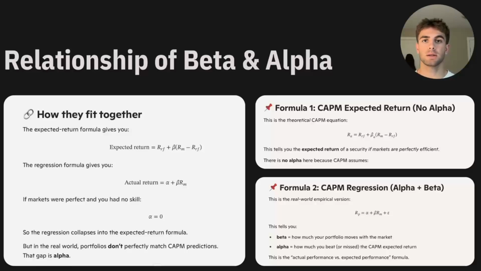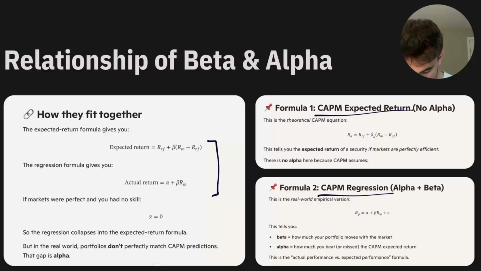Now that example that we just looked at, we essentially illustrated the relationship between alpha and beta, which is more commonly known as CAPM expected returns model and CAPM regression, often a linear regression. So these two formulas that we see here are essentially what we derived with the examples on the previous slides.